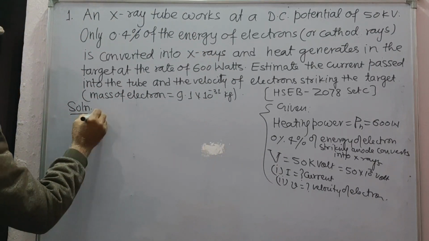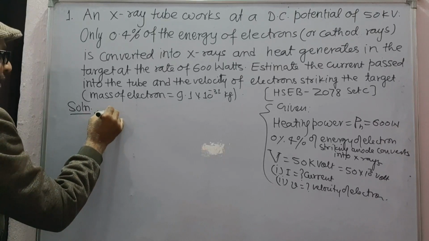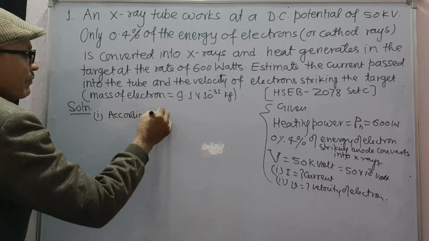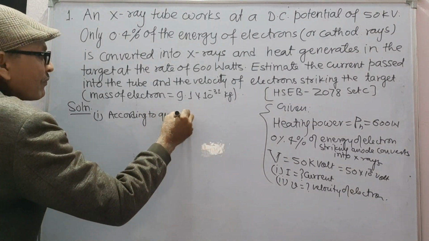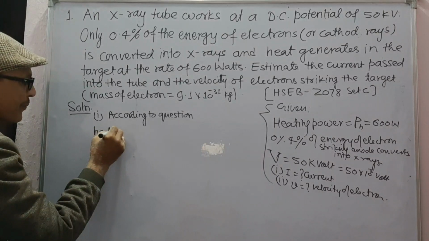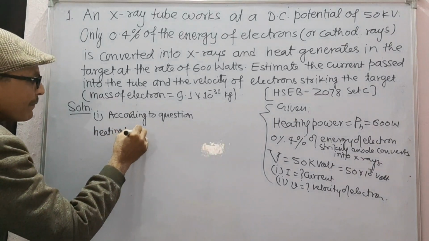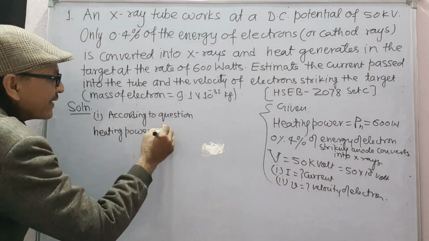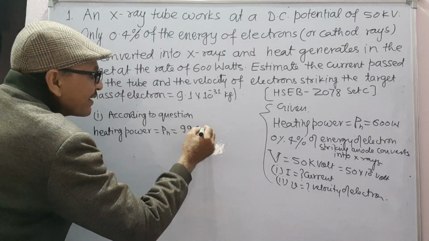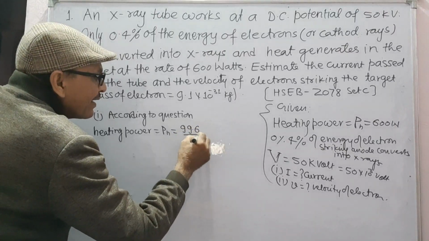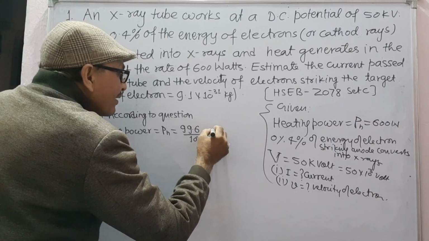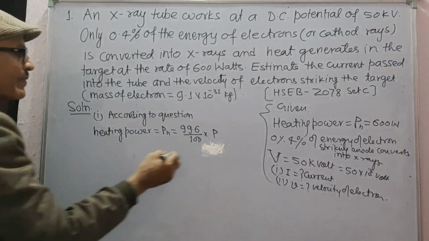So solution, first. According to the question, heating power P_H will be equal to 99.6 upon 100 of the total electrical power P, where P is electrical power.